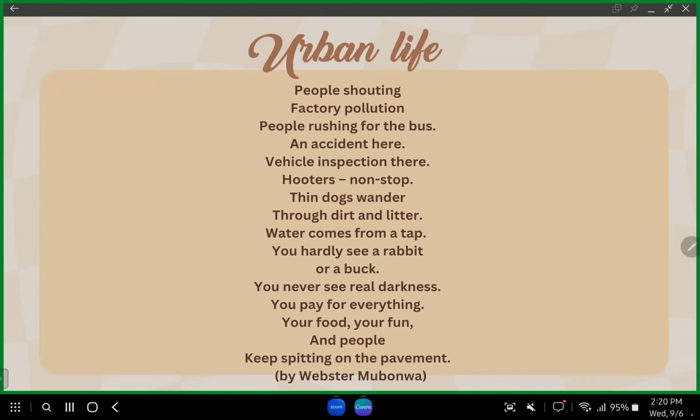Thank you so much. We're seeing this poem here titled Urban Life. When you look at this poem, what do you understand from this line? You hardly see a rabbit or a buck. You never see real darkness.